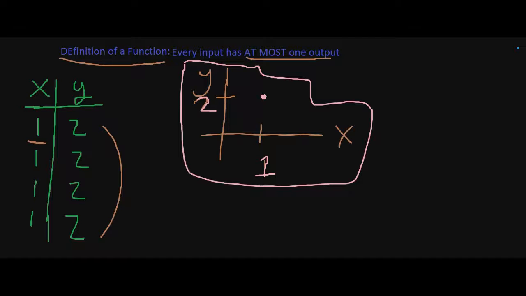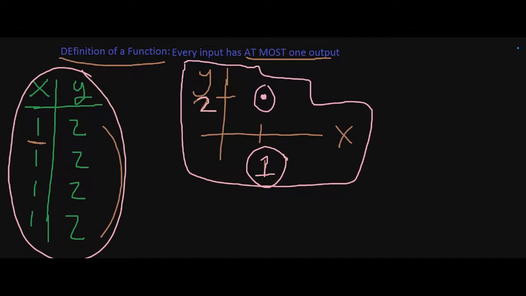It's only not a function when the input has more than one output. In this case, the input 1 has one output, which is 2. In this table we just have it repeating 4 times, and that doesn't mean anything. As long as it's the same one, that's all that matters.